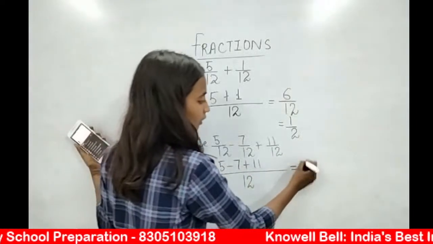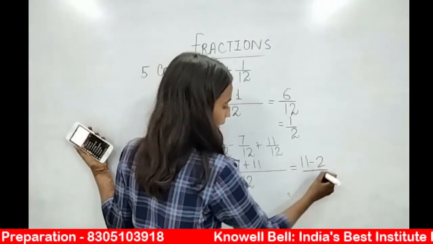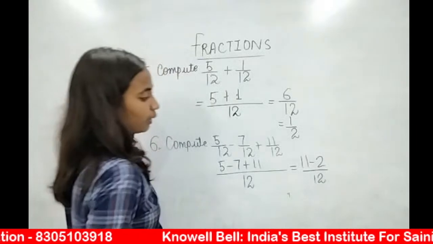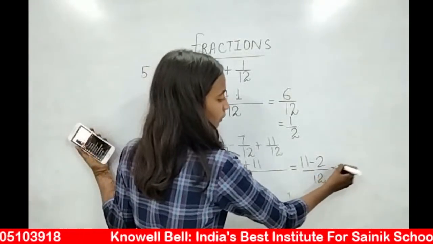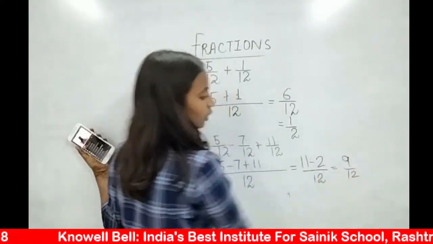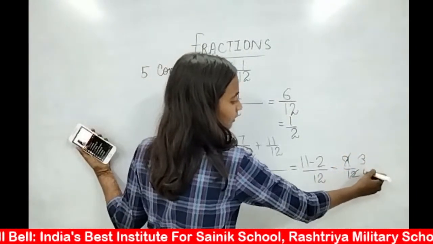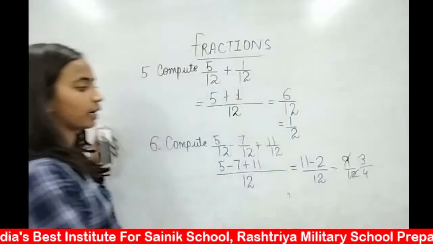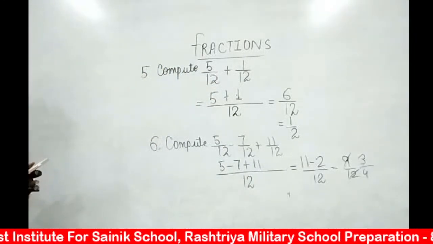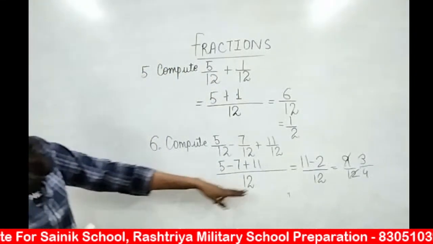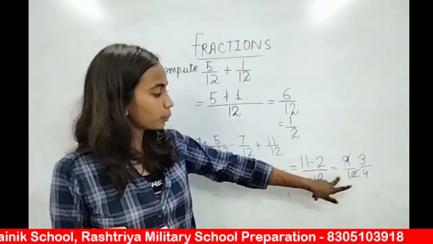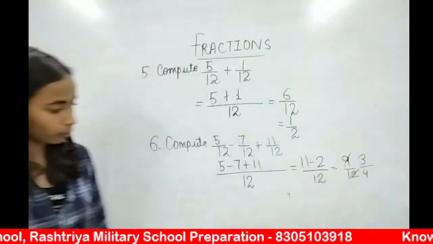Minus 2 plus 11, you can write 11 minus 2 upon 12. 11 minus 2 is 9. 9 by 12. 3 3s are 9, 3 4s are 12. So it will become 3 by 4. Simplify 9 by 12 further, it will become 3 by 4.